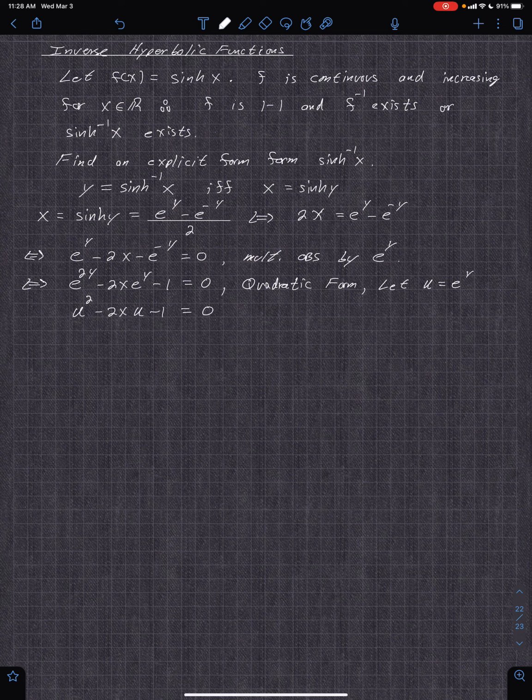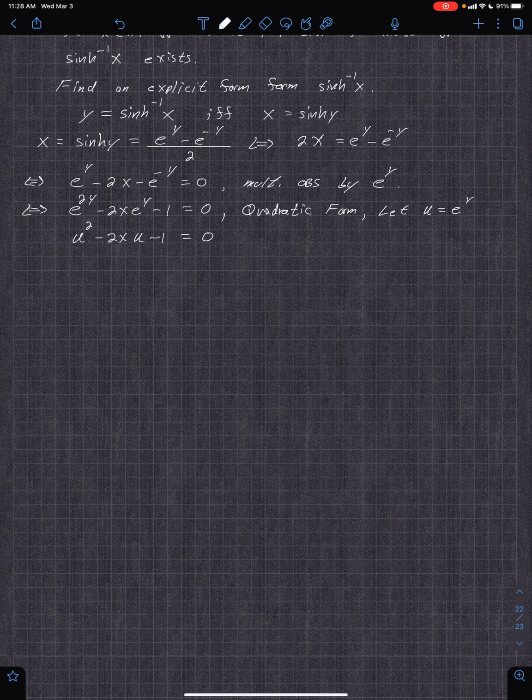We can solve that using the quadratic formula, where you have your a, this whole thing is your b, and this is your c. So u equals, but u is e to the y, so we'll put it in there like that. e to the y is equal to minus b, so it's 2x plus or minus the square root of b squared minus 4ac.